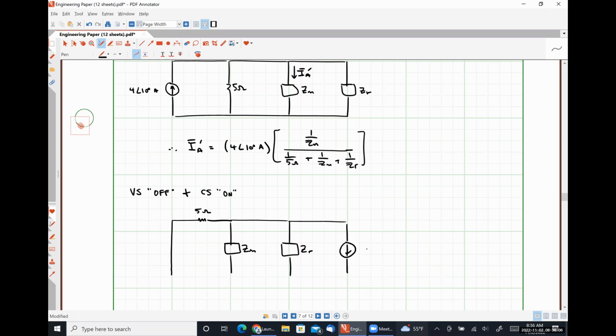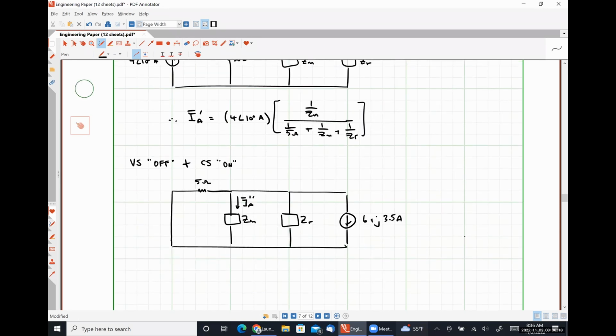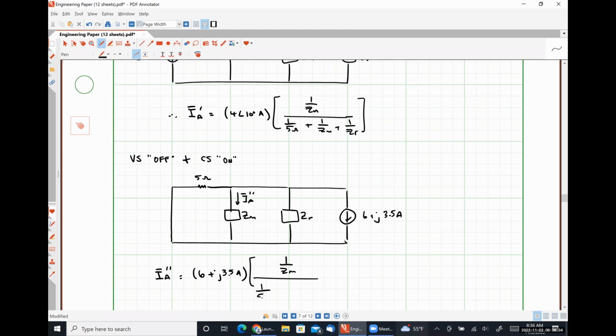Here's our current source, direction down, 6 plus j3.5 amps. Here's the current IA double prime that we're solving for, and we could once again use current division here. IA double prime would be 6 plus j3.5 amps times 1 over ZM divided by 1 over 5 plus 1 over ZM plus 1 over ZR.